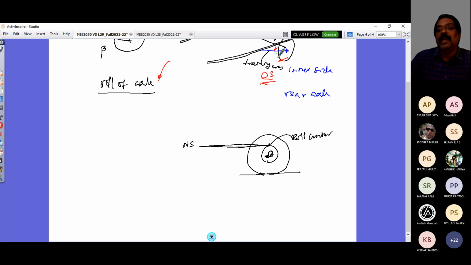If I take the trailing arm in this direction, that is obviously going to contribute an oversteer tendency in the vehicle. If I have it the other way, with my trailing arm down like this, then it will contribute to an understeer tendency.